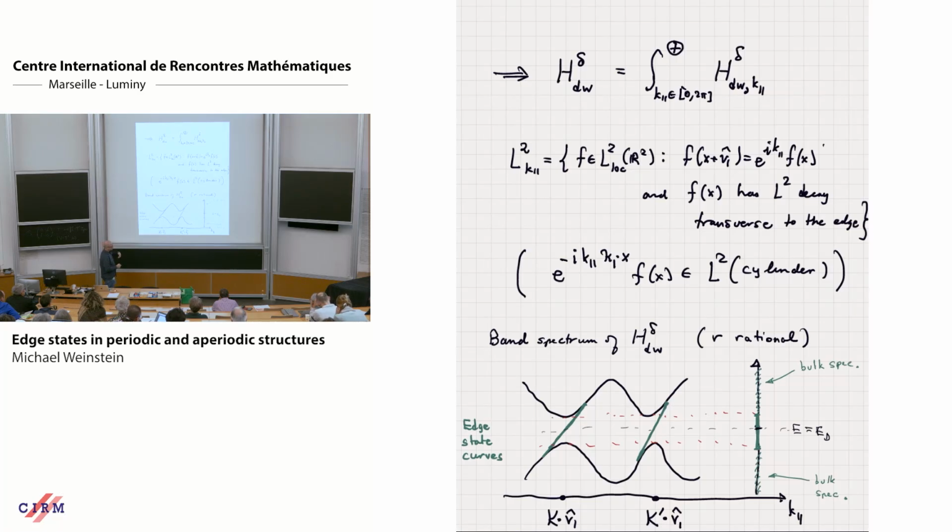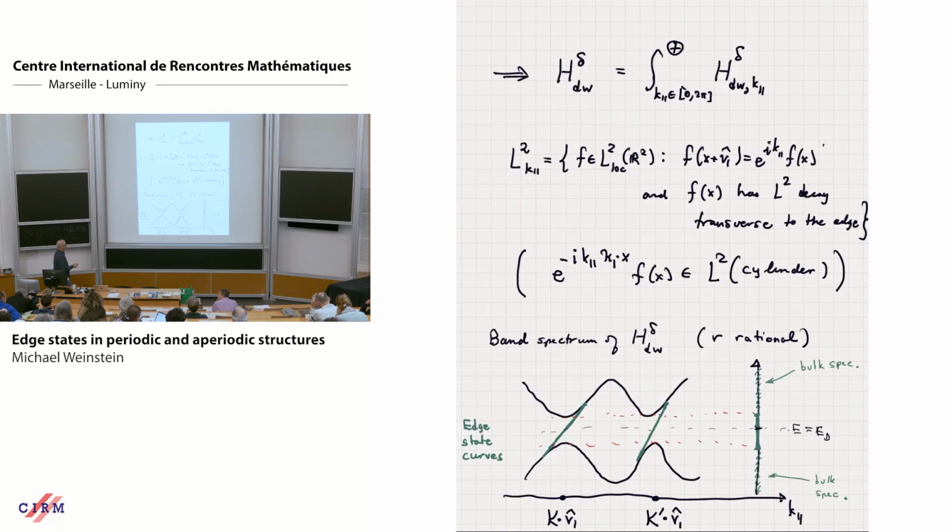I think of these operators as acting on cylinders, where there's a non-compact direction, which is the direction transverse to the edge, and a periodic or pseudo-periodic direction in the compact direction. So, L2 of the cylinder.